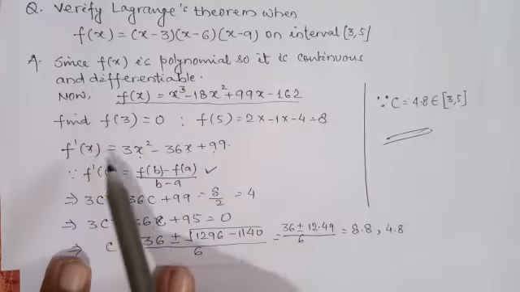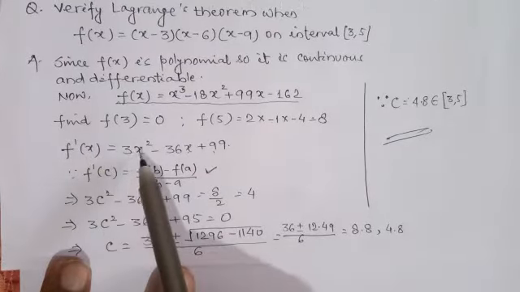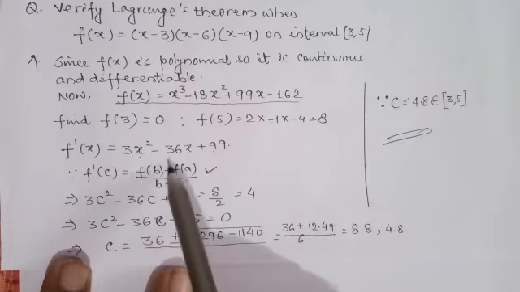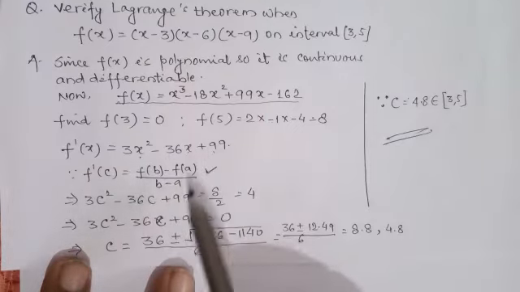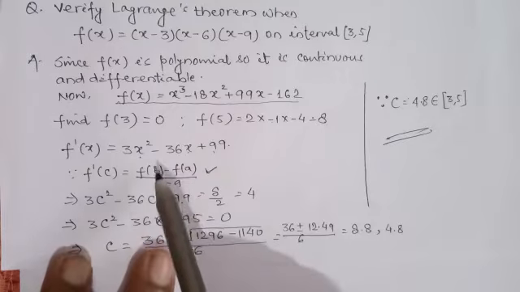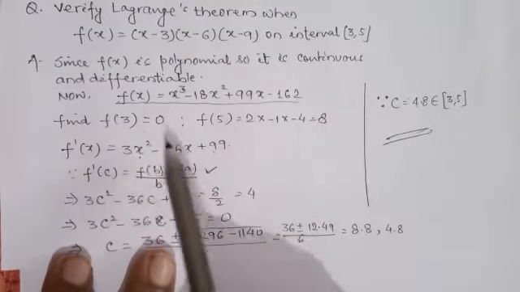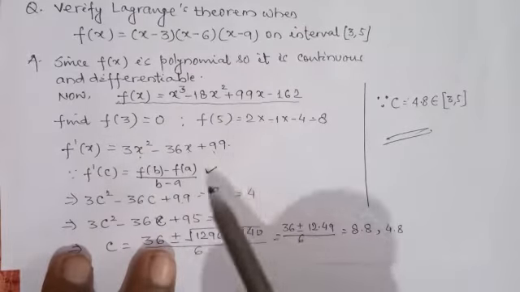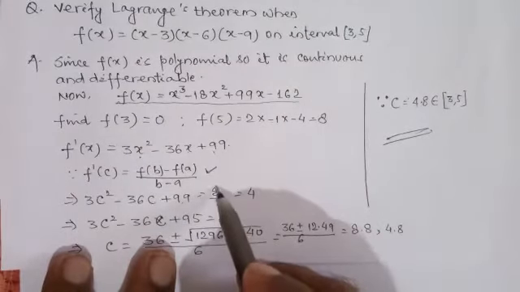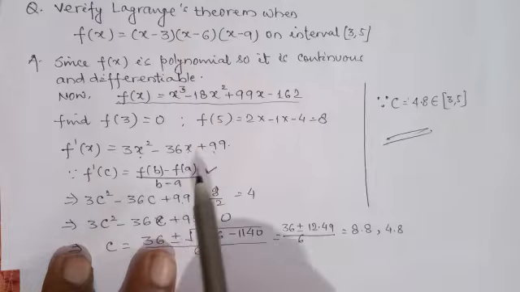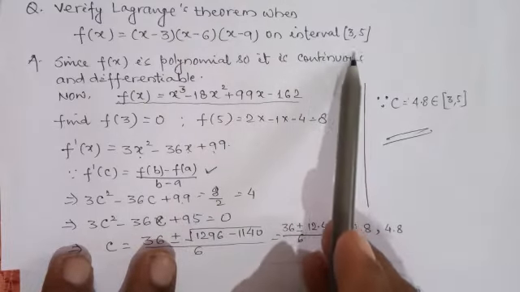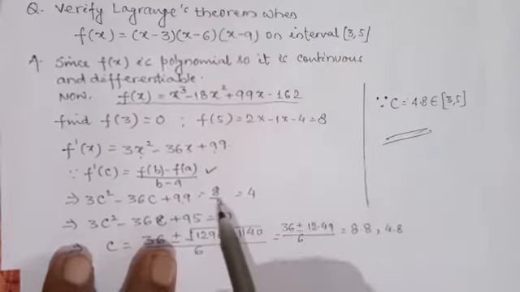Put x equal to c in f dash, then it should be 3c square minus 36c plus 99, and f(b), which is 8, minus f(a), which is 0, so 8 minus 0 is 8, upon b minus a, which means 5 minus 3, which is 2.